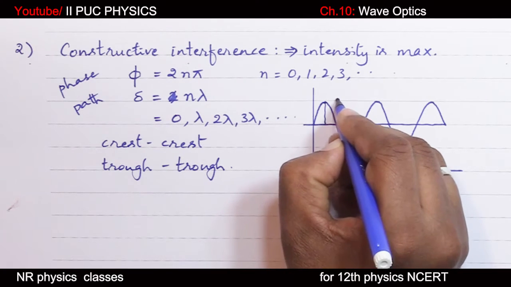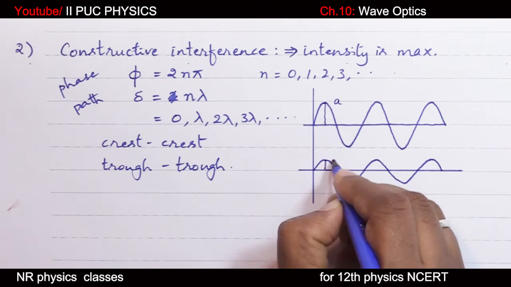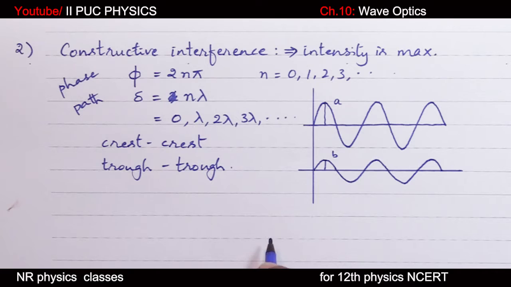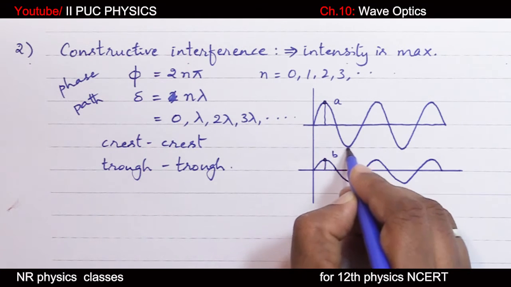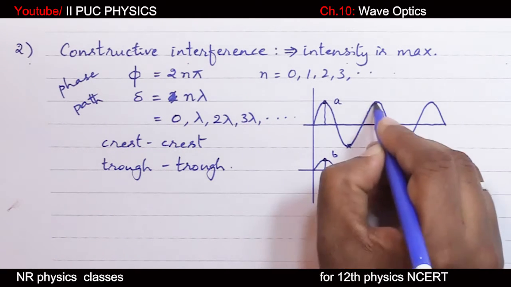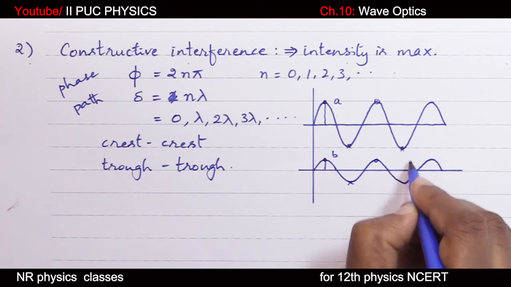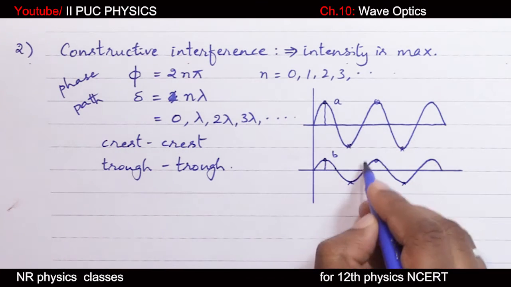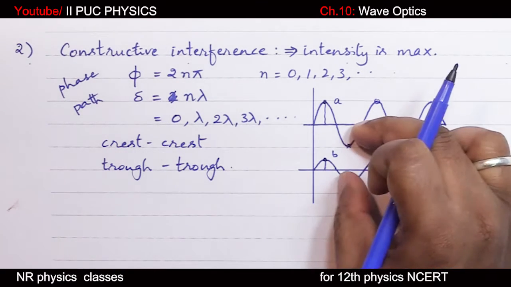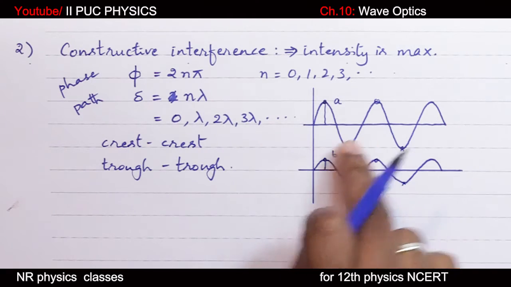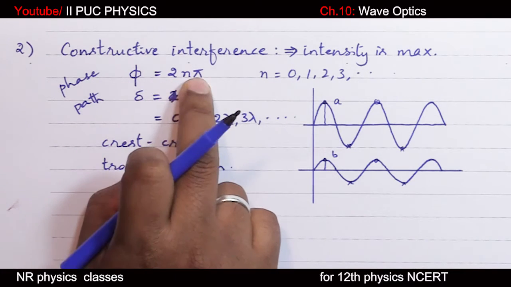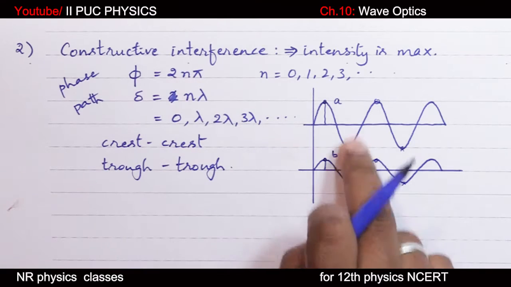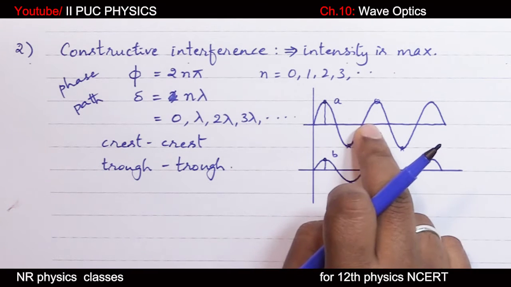This is amplitude A. This amplitude B. See, crest overlaps on crest, trough overlaps on trough. So if these two waves interfere, they interfere constructively because of this condition, or because of 2n pi. So this results in constructive interference.